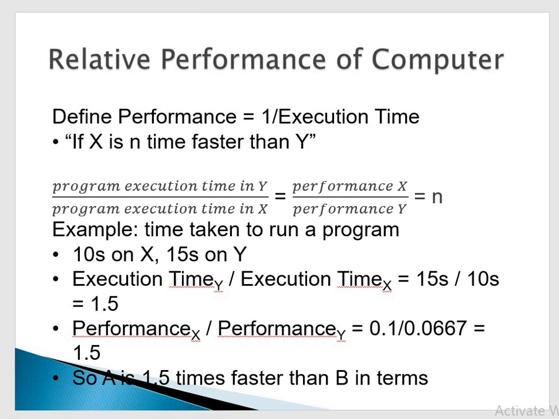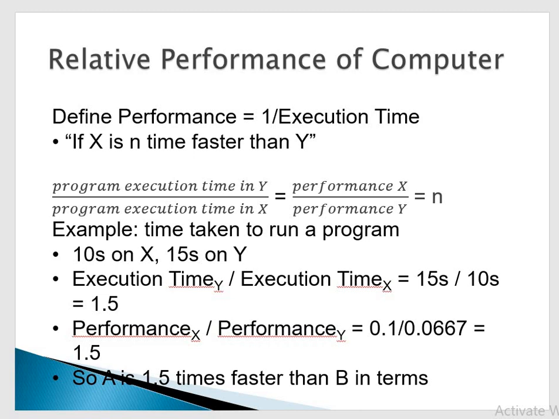Let's suppose the time taken to run a program is 10 seconds on X and 15 seconds on Y. So the execution time for X is 10 seconds and the execution time of Y is 15 seconds.